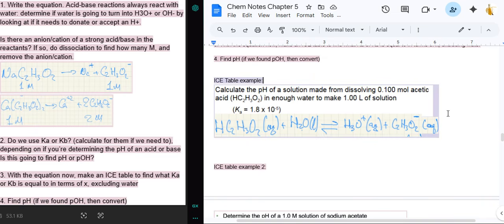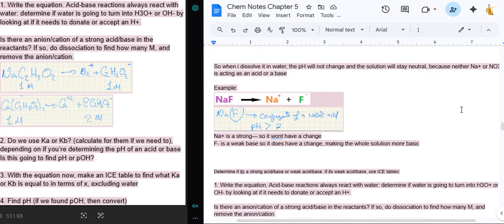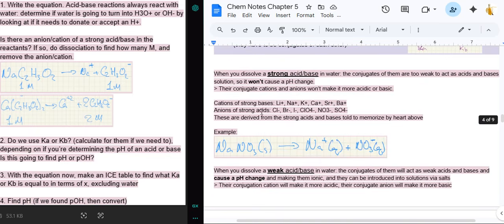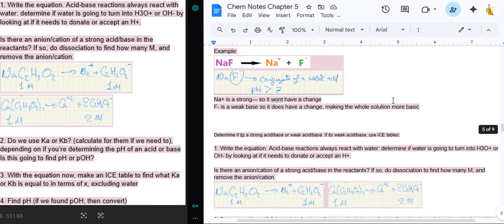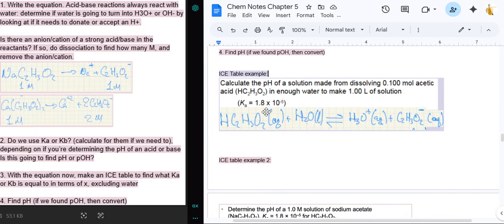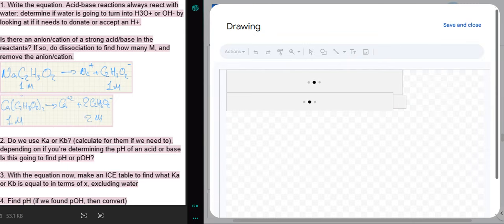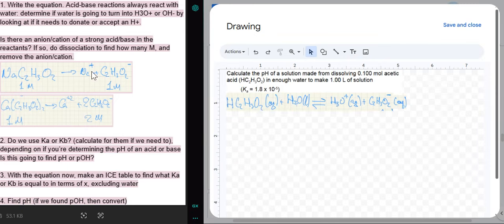How do we know that? From the list we had over here. And H plus isn't on the list of cations of strong bases, so it's not a cation of a strong acid or base, so we don't do this dissociation thing. So we're done with step one, we wrote the equation.